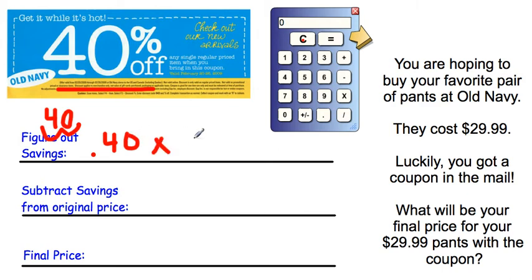0.40 times our original price, which is $29.99. And again, if you want to set up a lattice box to do this, great. If you'd like to use a calculator, that's totally fine too. So we're going to do 0.40 times $29.99.